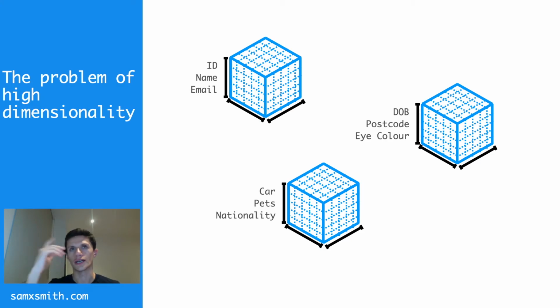So you could, in the ID, name, email subspace, and the date of birth, postcode, eye color, and same with car, pets, nationality, hash all of the attributes present. You find those sets of nodes in which your record could be, and then from the 3 sets of nodes you choose the shortest because you know your records will be present in that one.